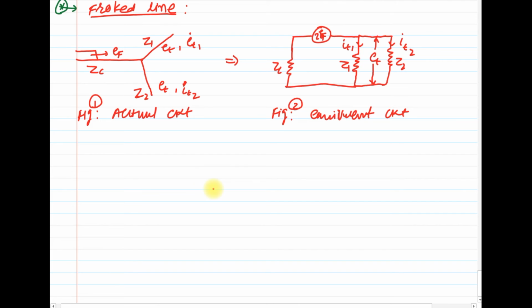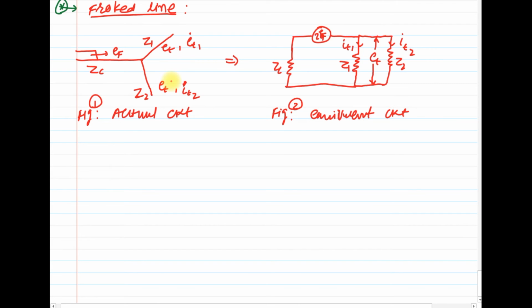Clear? Yes, figure A, let me explain again. Figure A shows the line of surge impedance ZC branching off into two lines of surge impedance Z1 and Z2. ZC is branching off into two different values of surge impedance, Z1 and Z2.